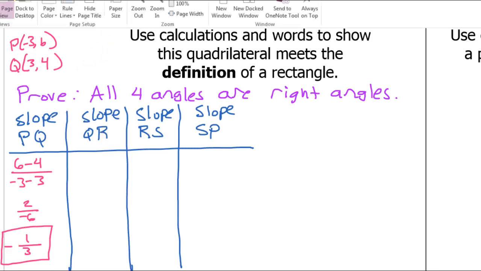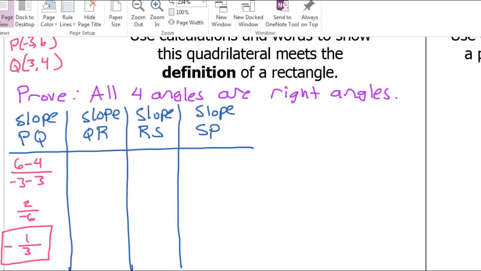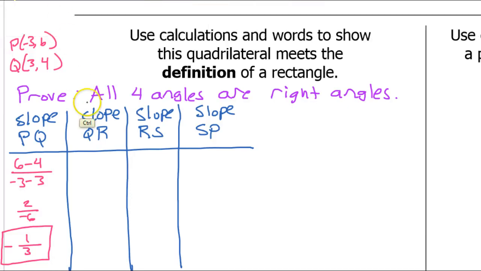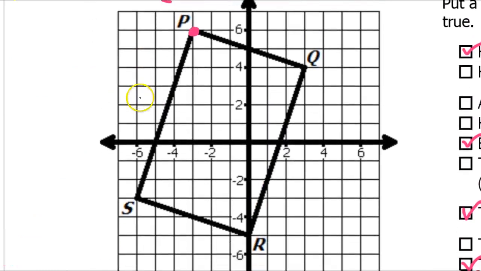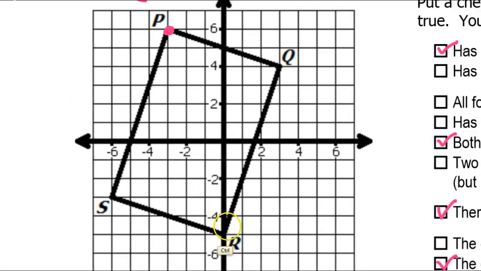All right, now the next one is slope QR. I already know that point Q is 3, 4. And what about R? Point R is the point 0, -5.